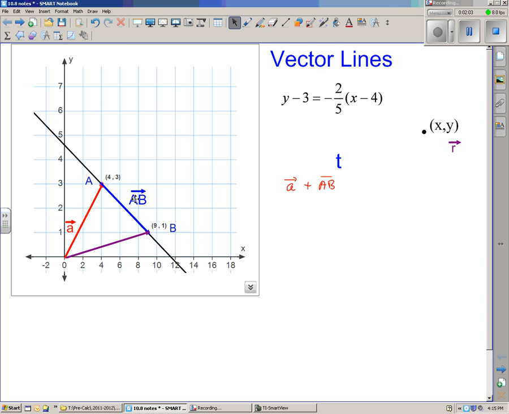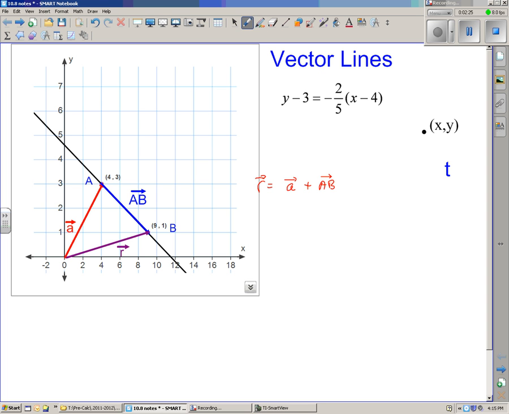Here's vector AB. We're going to leave that T over there for a minute. And I'm going to call this purple vector R for right now. So vector R is equal to vector A: get out to point A and then travel in that.